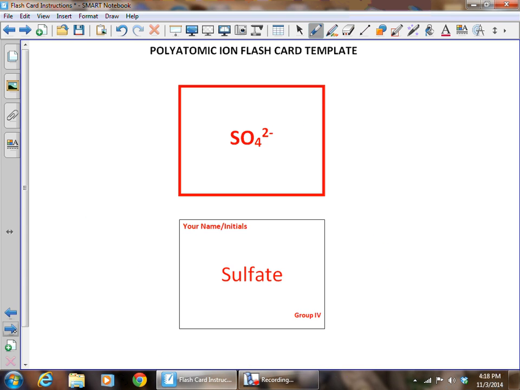This is the template for the cards. One side of the card is going to have just the formula and charge, and be very careful about capitalization. Almost all of them are capital letters with a subscript and a superscript. If you start writing things like this, I'm going to count it wrong.